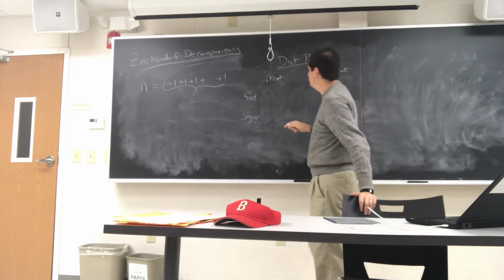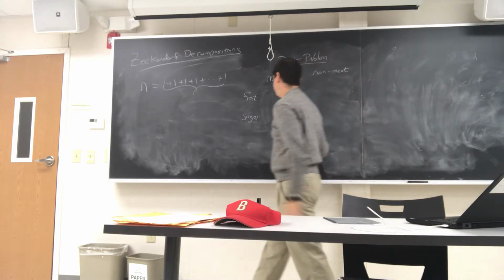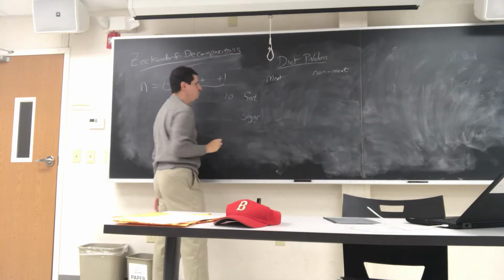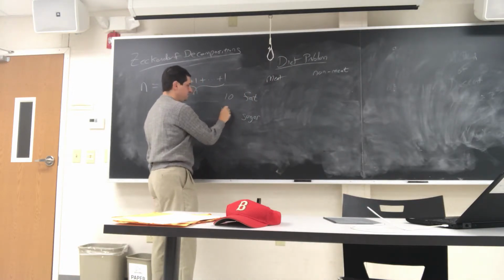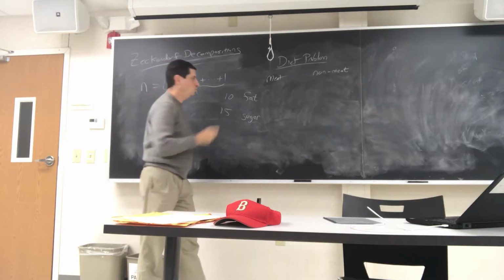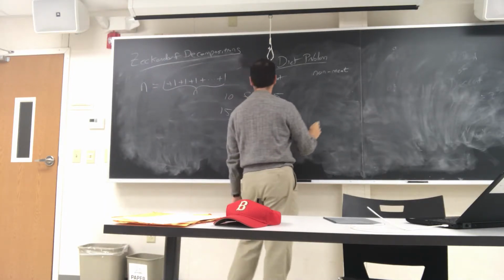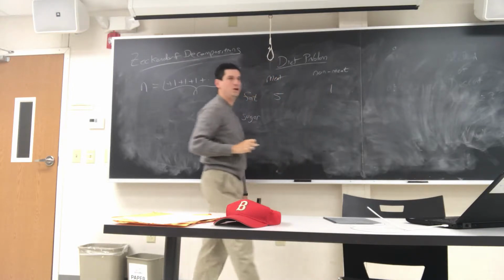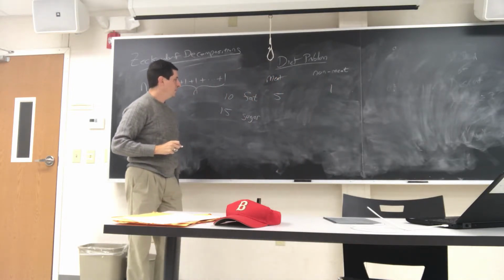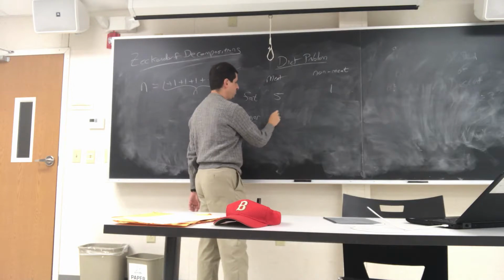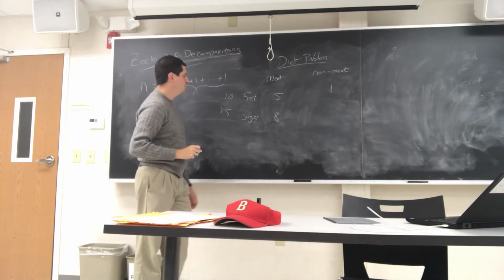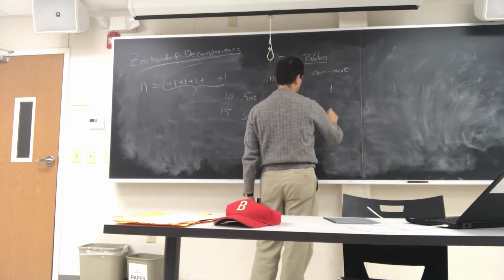All right, so let's say you need at least 10 units of fat a day and at least 15 units of sugar a day. And 1 unit of meat will give you 5 units of fat, and 1 unit of non-meat will give you 1 unit of fat, and 1 unit of meat will give you 8 units of sugar, and 1 unit of non-meat will give you 12 units of sugar.